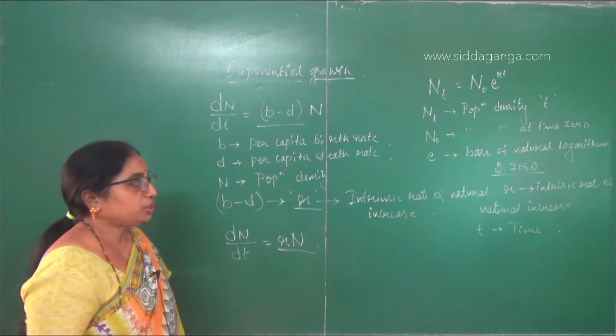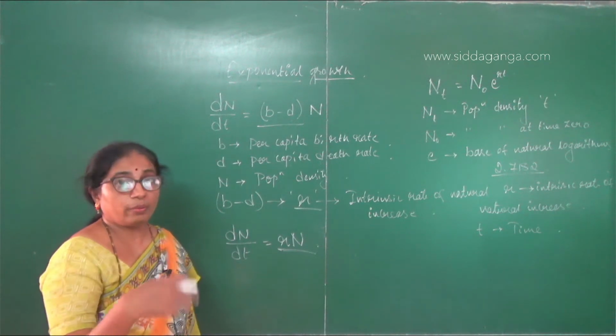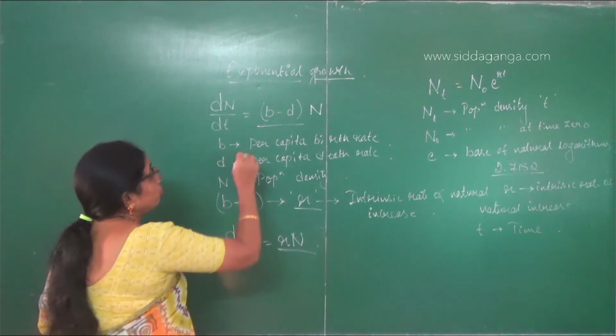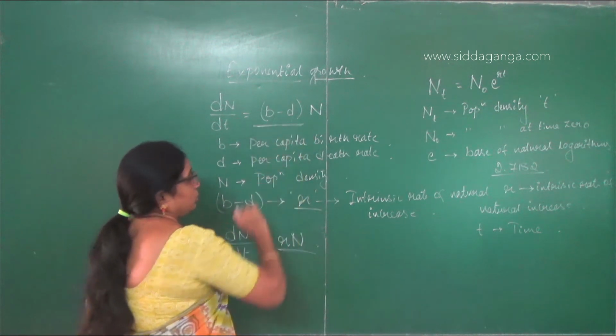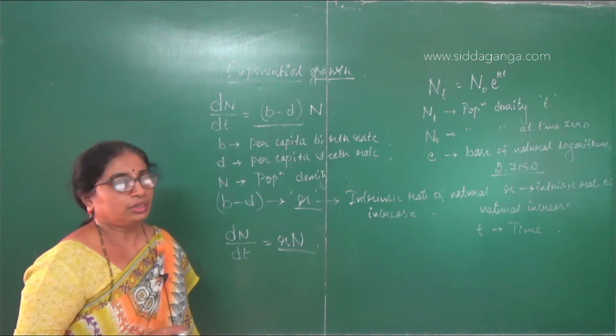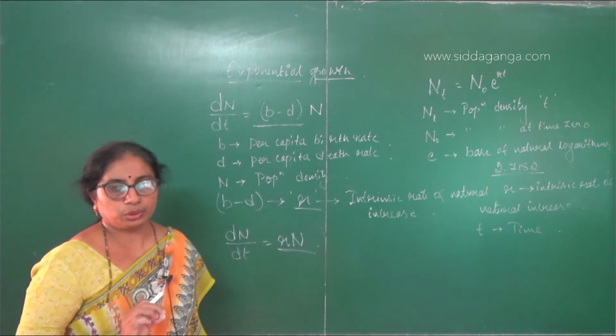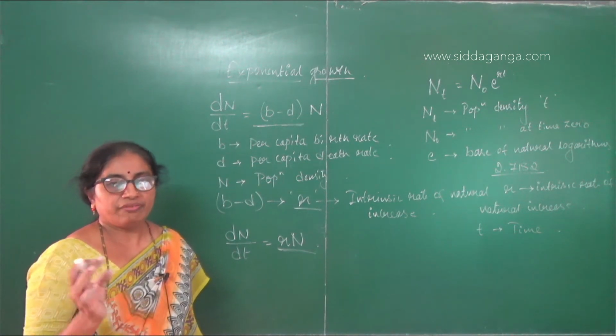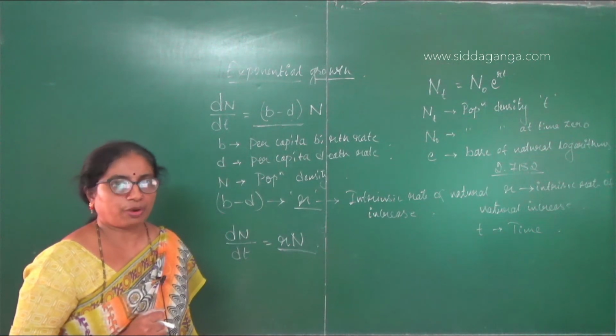So this r value will always have a value. If you know the value of b and if you know the value of d, it is easy for you to calculate the r values. So if b values and d values are known for a particular population, we can calculate the r value for that population.